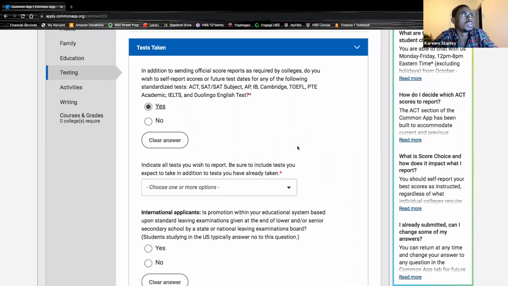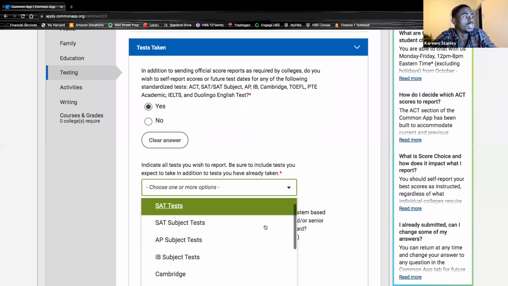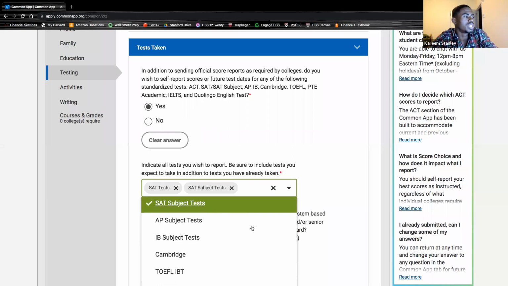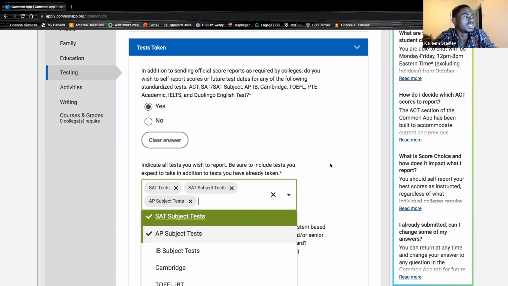Hopefully that helps. So you have the variety of tests that are applicable to college applications, your SAT-1, your SAT-2s, your ACT, so on and so forth. So you can choose which tests you took. So I took my SAT, I took some subject tests, I took some APs, cool.